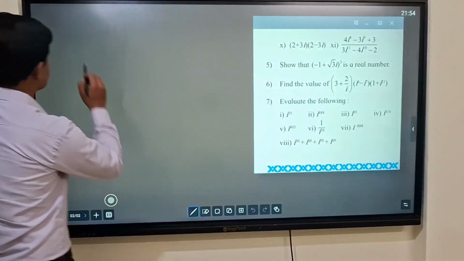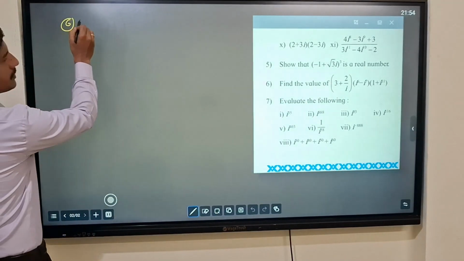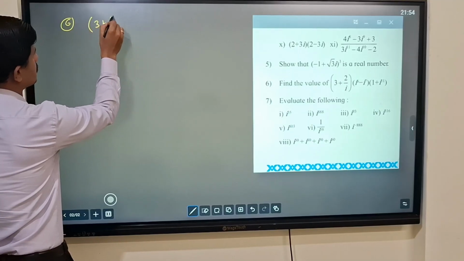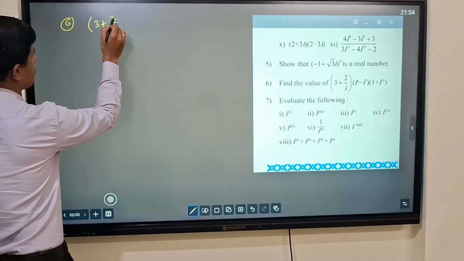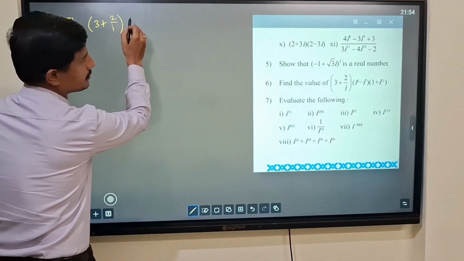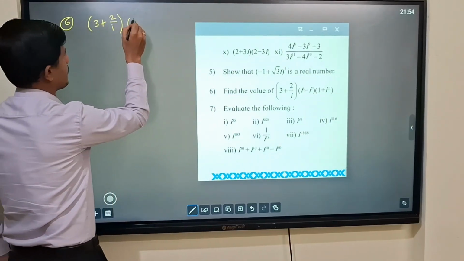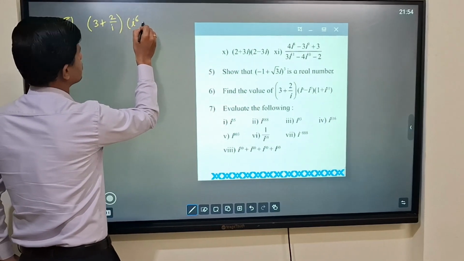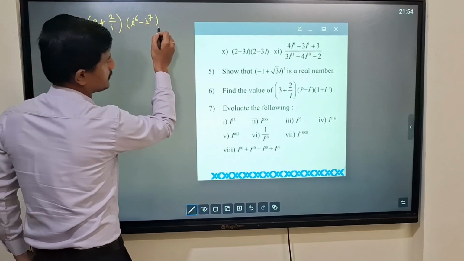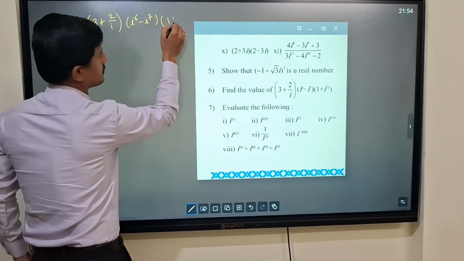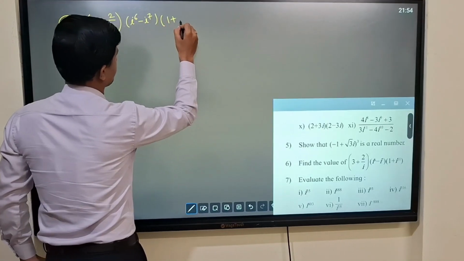The term is simply (3 + 2/i) in another bracket, (i⁶ - i⁷) / (1 + i¹¹).